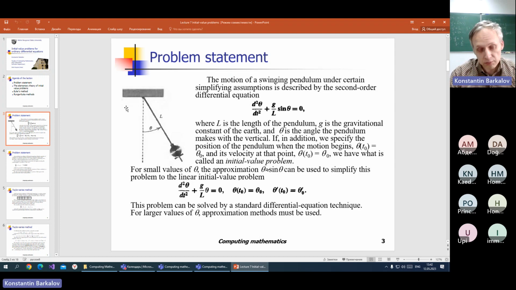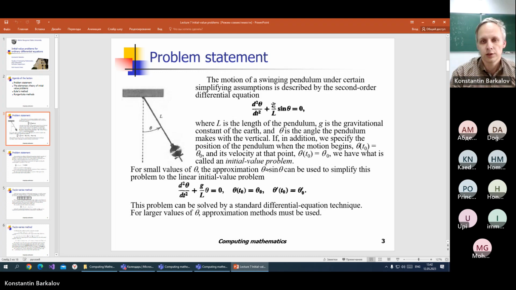From physics, we know that the motion of this swinging pendulum can be described by the second order differential equation: the second derivative d2 theta over dt square plus g over L sine of theta equals 0.